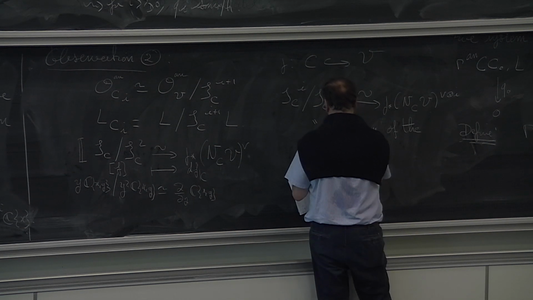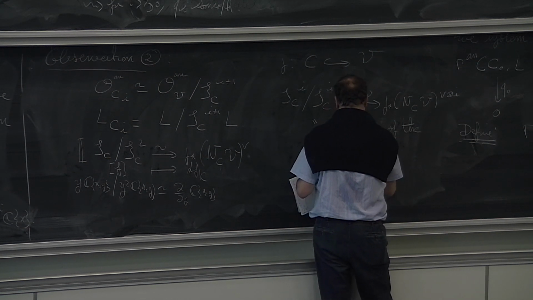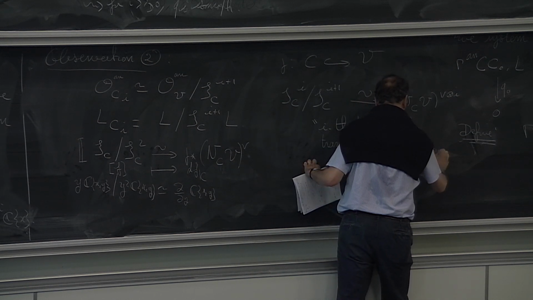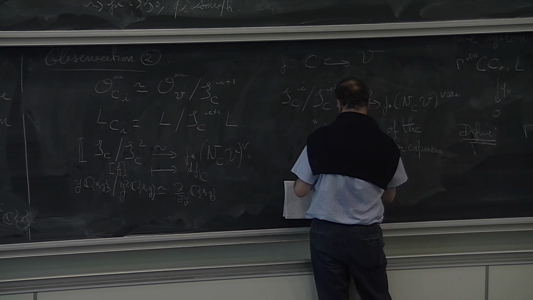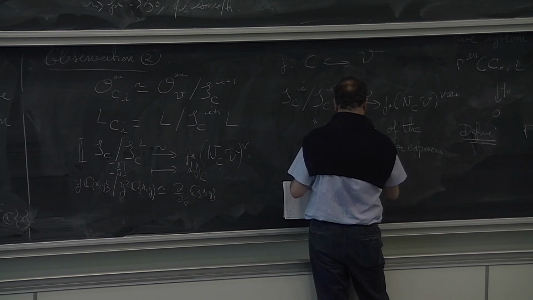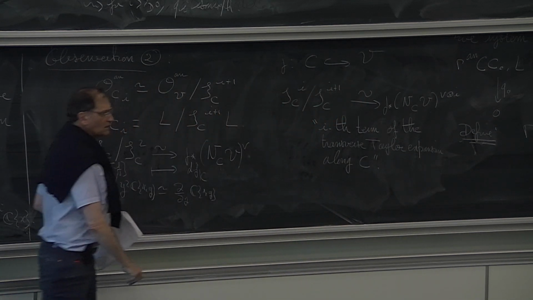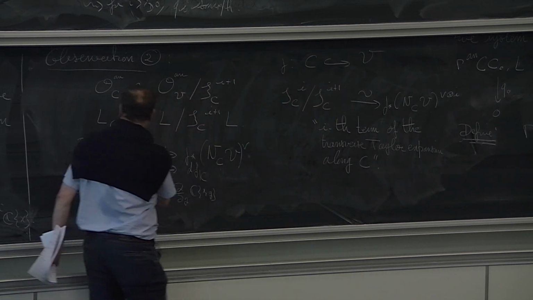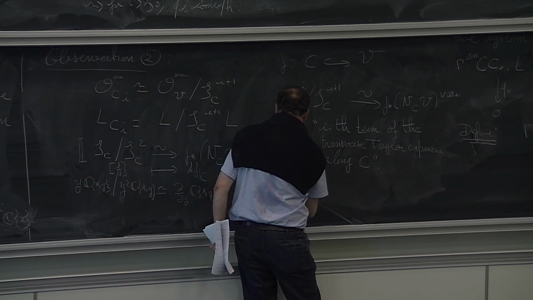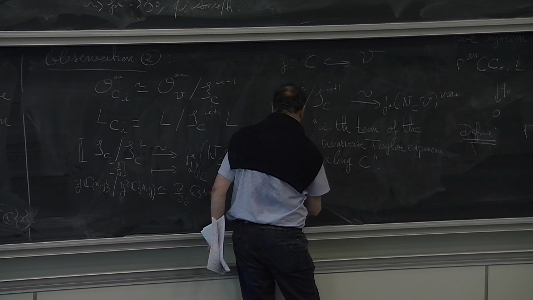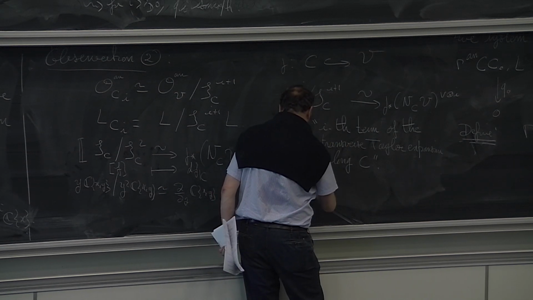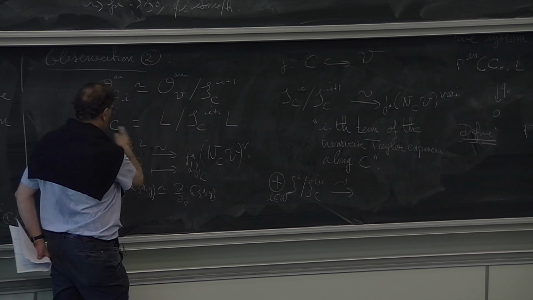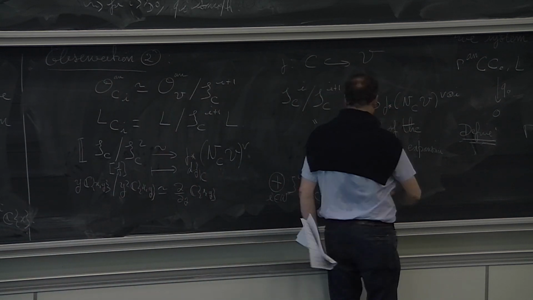Along C. Okay. So you see, these isomorphisms are basically determined by these ones, in the sense that you may consider the direct sum of these quotients, and by looking at the various pieces, you get the sum of these canonical isomorphisms.